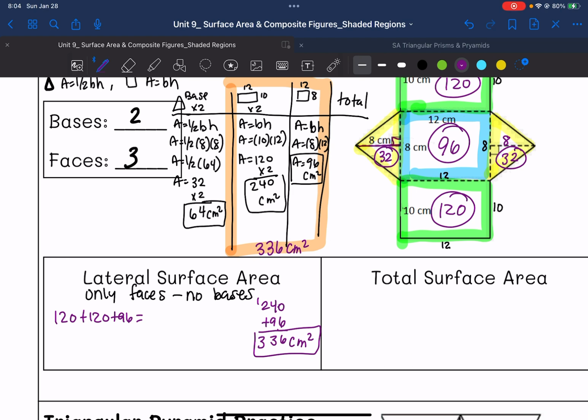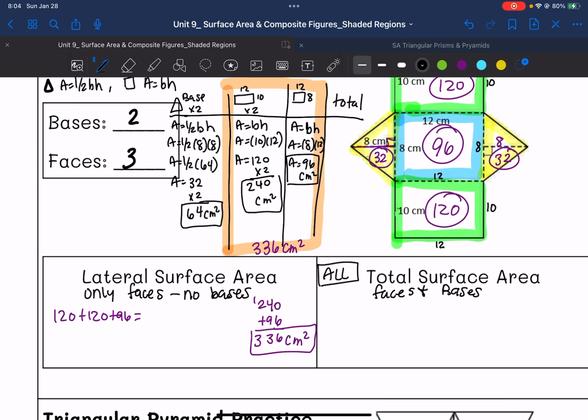Now, the total is all of it, okay? It is faces and bases, okay? So what we're doing is we are taking that 336. Now, hold on. If you are just looking at the shape and you have written all of the individual areas, you would do 120 plus 120 plus 96 plus 32 plus 32.